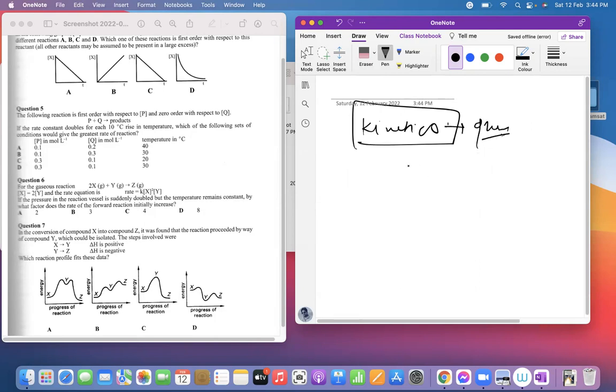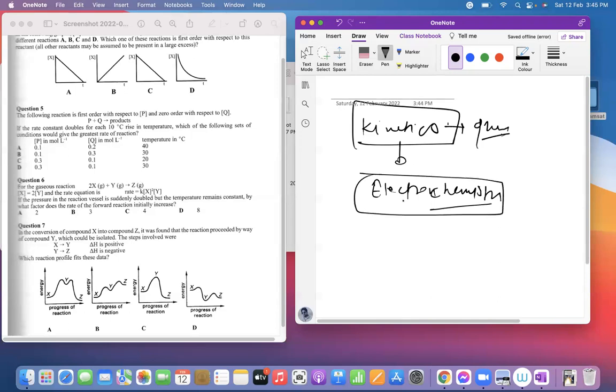And second, I will discuss electrochemistry: redox reaction, oxidation, reduction, and questions based on it, the Nernst equation, these kinds of things. If you are really interested in those sessions, let me know, so I will organize.